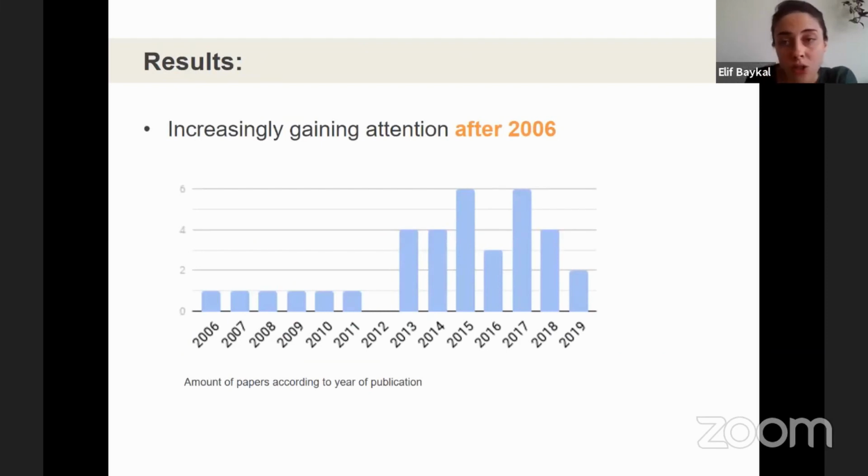So our findings showed an increase of attention after 2006. From the 35 papers, 29 of them were published in the last 6 or 7 years. So this suggests that collaborative technologies for children with special needs is a rather new phenomenon in the HCI community that is increasingly gaining attention.